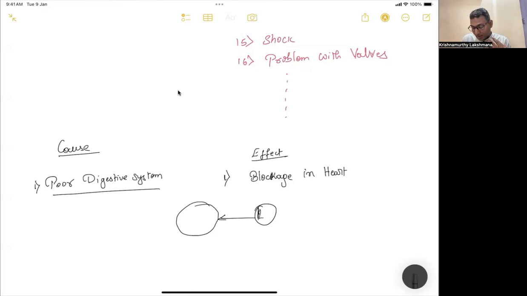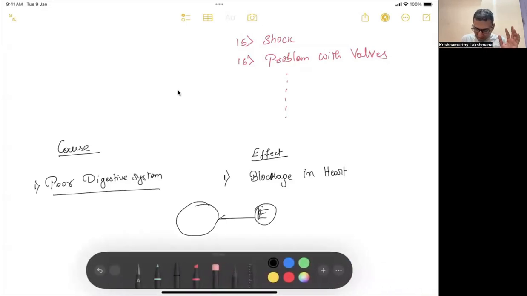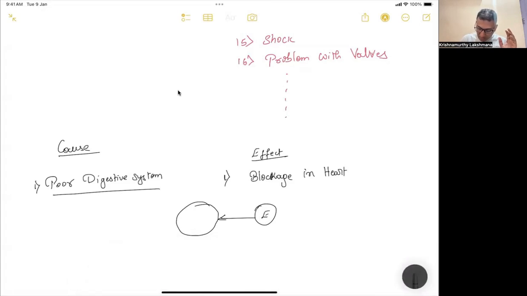So I am working on the effect for time being always. After taking care of the effect, I will come to the cause. Then I will come to the further root cause.